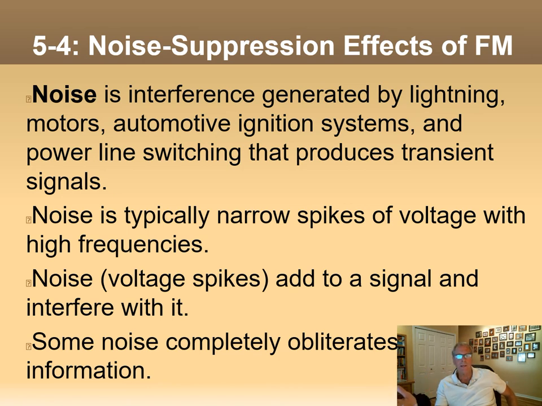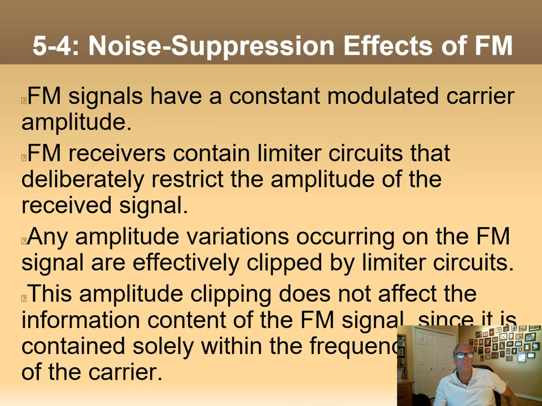FM doesn't really care about amplitude. So when noise comes along, it's a lot less susceptible, or a little more immune to that noise. So it's a constant modulated carrier amplitude, doesn't really care about the noise. The receivers actually contain limiter circuits that restrict the amplitude, so if you get amplitude variations, it's not even going to see it.